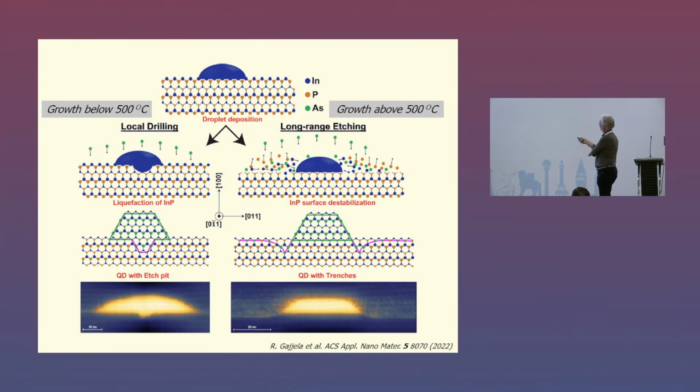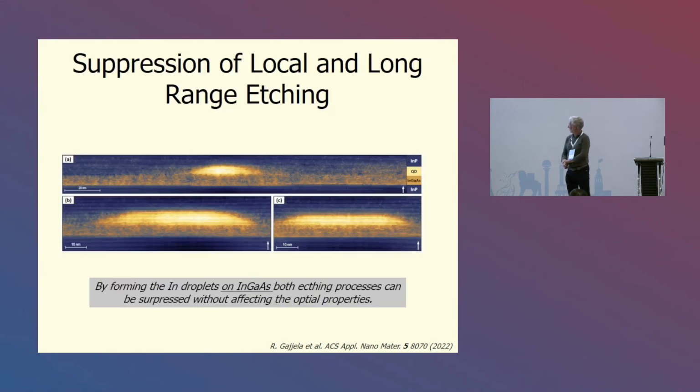Phosphorus atoms can escape into vacuum, and that gives rise to this etching of the material next to the dot. Both processes can be prevented, and for that you only have to grow an indium gallium arsenide layer underneath. Presently we're still looking at how thin this indium gallium arsenide layer might be, but that turns out to be a very effective way to suppress the etching underneath the dots or next to the dot.